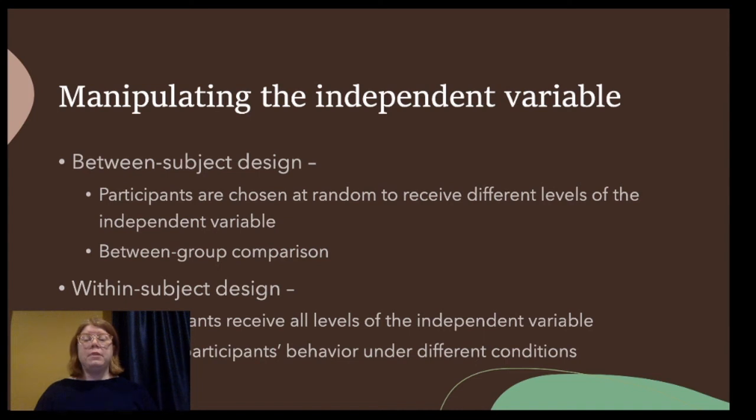An example of this could be people taking a survey at different times. So, people who take a test in the morning versus people who take a test in the evening.